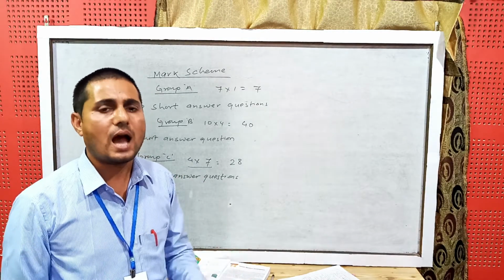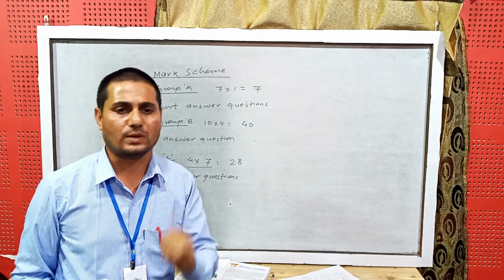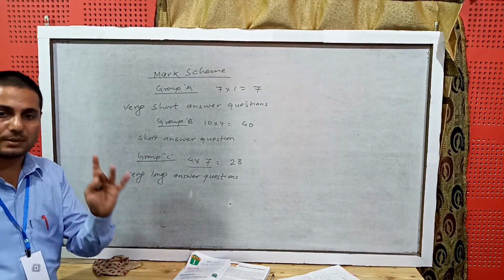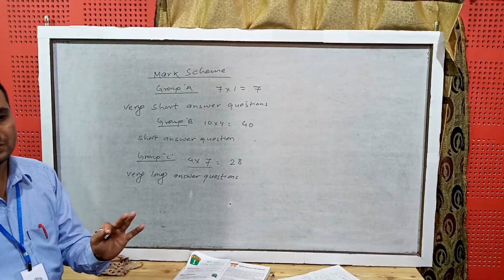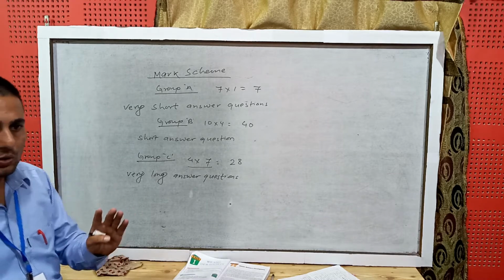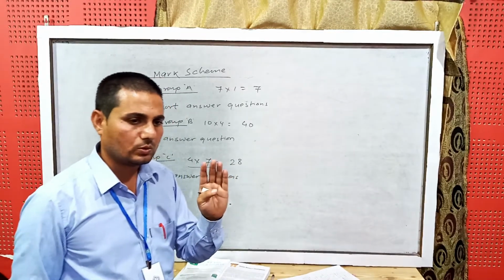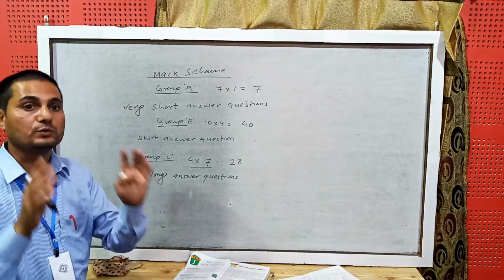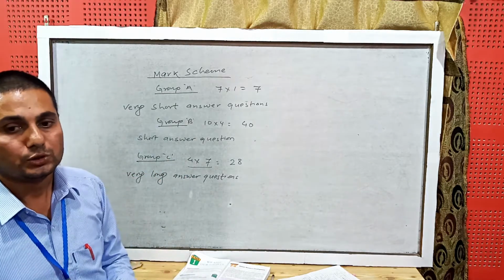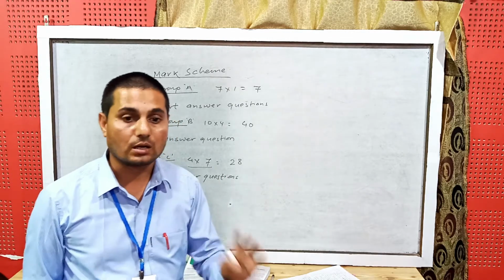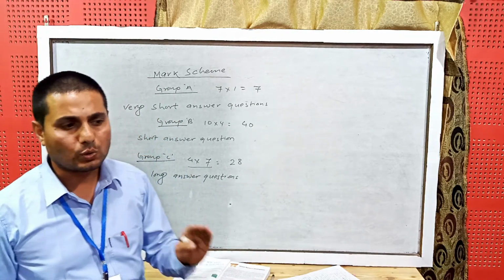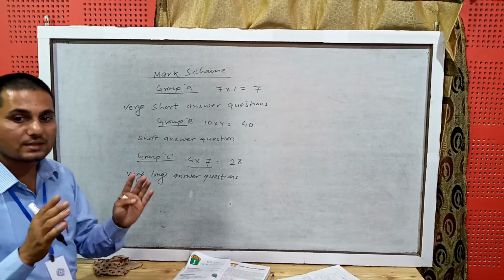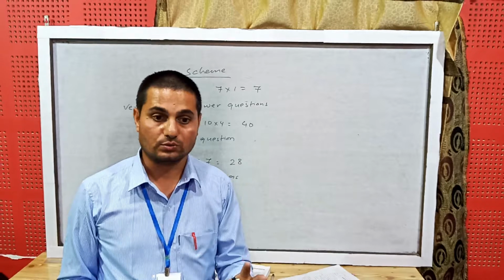And dear students, very long questions are asked from 4 units only: Unit 5, Unit 6, Unit 7 and Unit 8. Questions that are asked from Unit 5 and 8 must be done, and for questions that are asked from Unit 6 and 7, you are given options too.